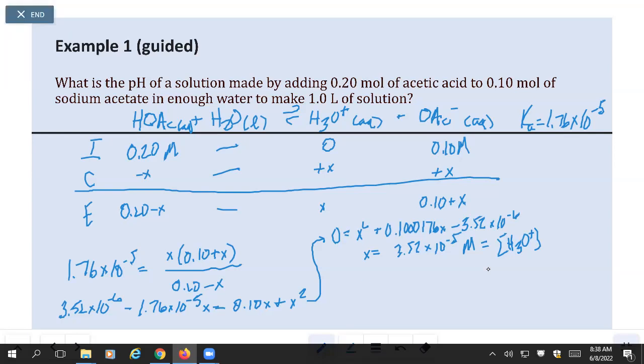And so the pH would be equal to the negative log of 3.52 times 10 to the negative fifth, which would be 4.45.